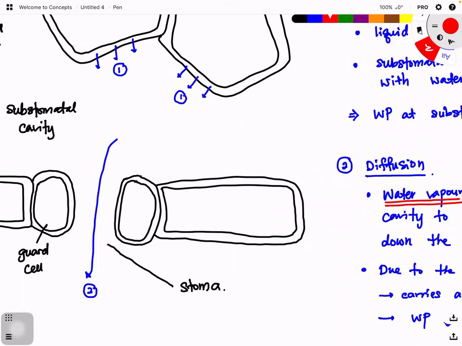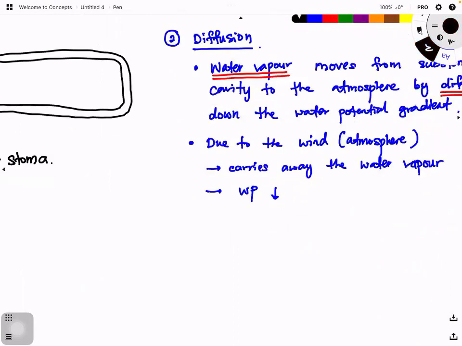This process is termed the overall effect, which we term stomatal transpiration.